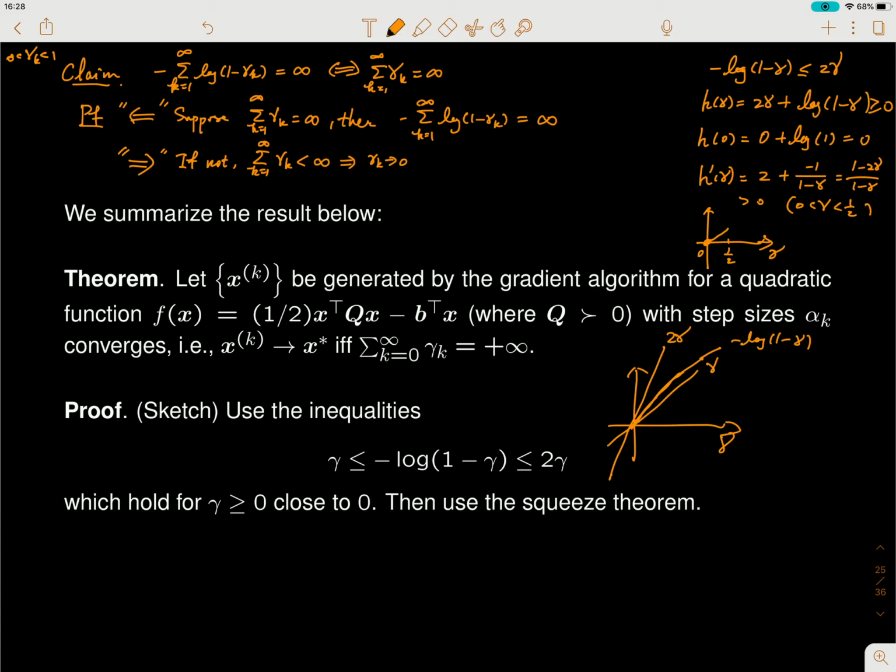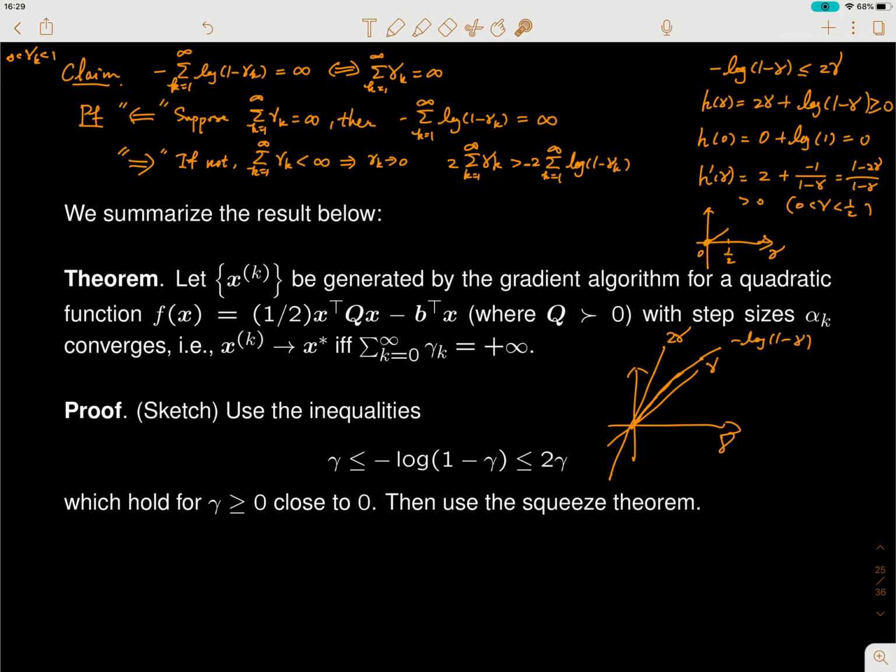So that's why, when gamma k goes to 0, 2 times the sum of gamma k, k from 1 to infinity, is bigger than negative 2 times the sum for k from 1 to infinity of log of 1 minus gamma k. This is because when I substitute gamma by gamma k, I should have this sum bound this sum on the other side.